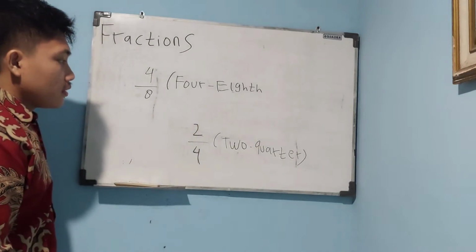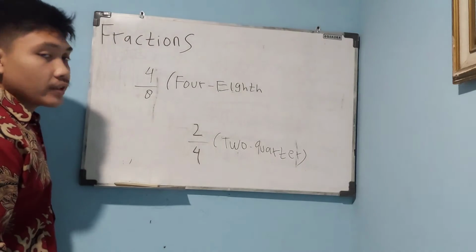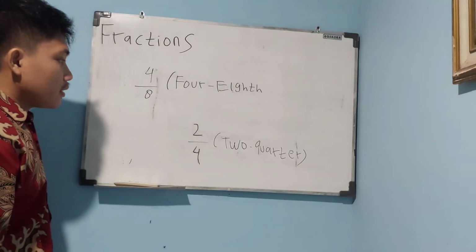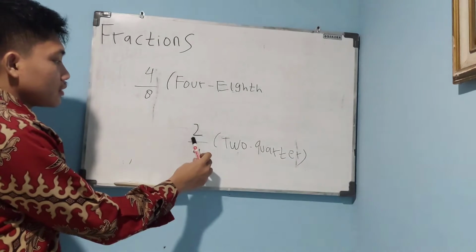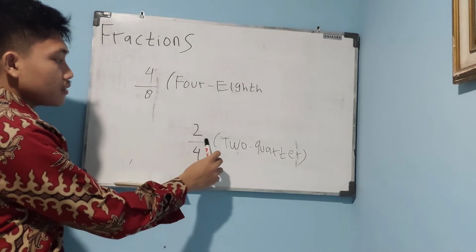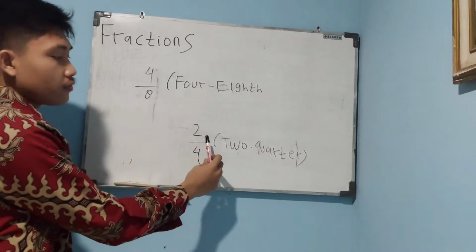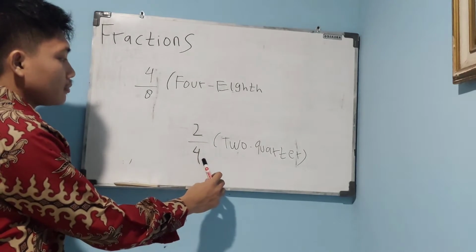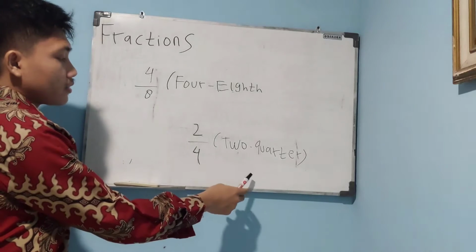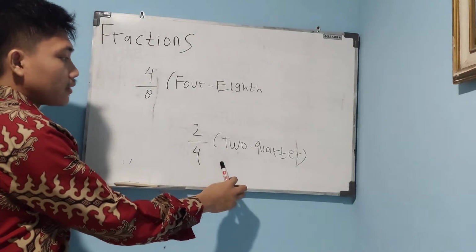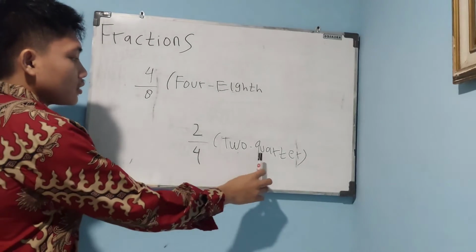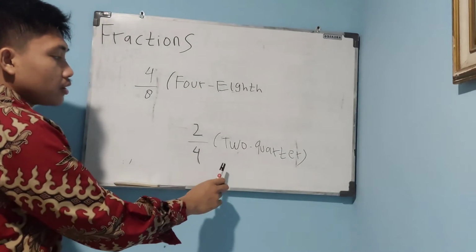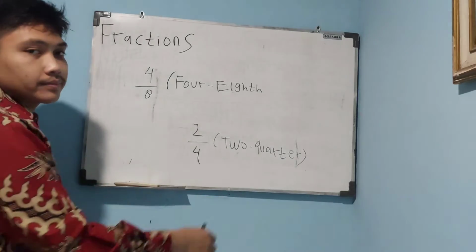In the second example, it's different, because the numerator is the natural number 2, and the denominator is 4, but it has a special name. It is a quarter, so you can call it 2 quarters.